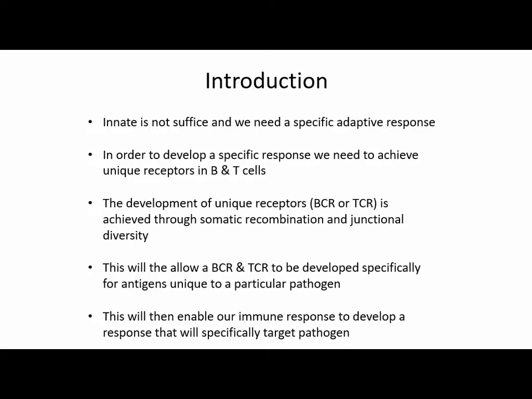The way that we're able to achieve antibody diversity is that each B cell goes through a process of somatic recombination alongside junctional diversity to help each B or T cell obtain a unique version of that gene and therefore a unique receptor.